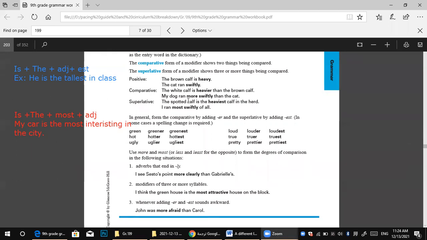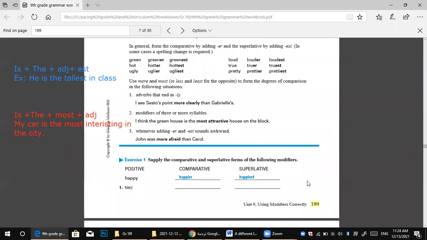The first one: happy, happier, happiest. The Y, we omit Y and put I instead of it. So happier, happiest. Tiny, tinier, tiniest.